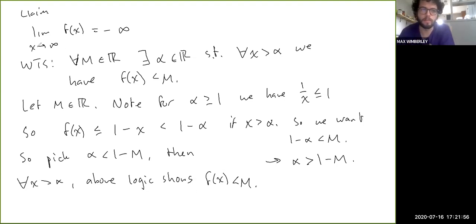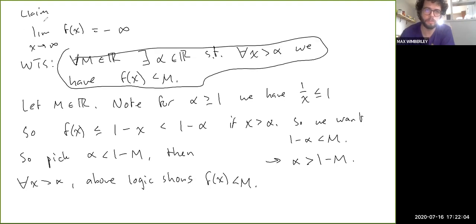So that's enough to show that, at least if you take for granted that this property here is equivalent to the limit being negative infinity, which it sort of trivially is, it all comes from theorem 20.6, basically. There are analogs of theorem 20.6.